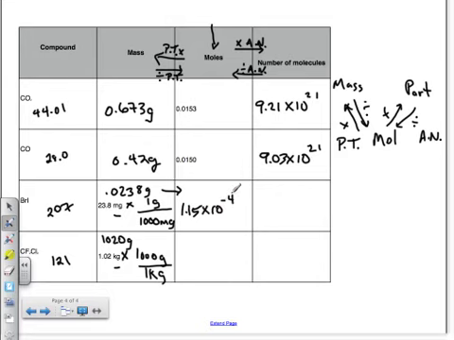Now I can just multiply that times Avogadro's number without doing anything else in the calculator. So 6.92 times 10 to the 19th. Okay. All right, so I've got 8.43 moles in this last one, and then times Avogadro's number.